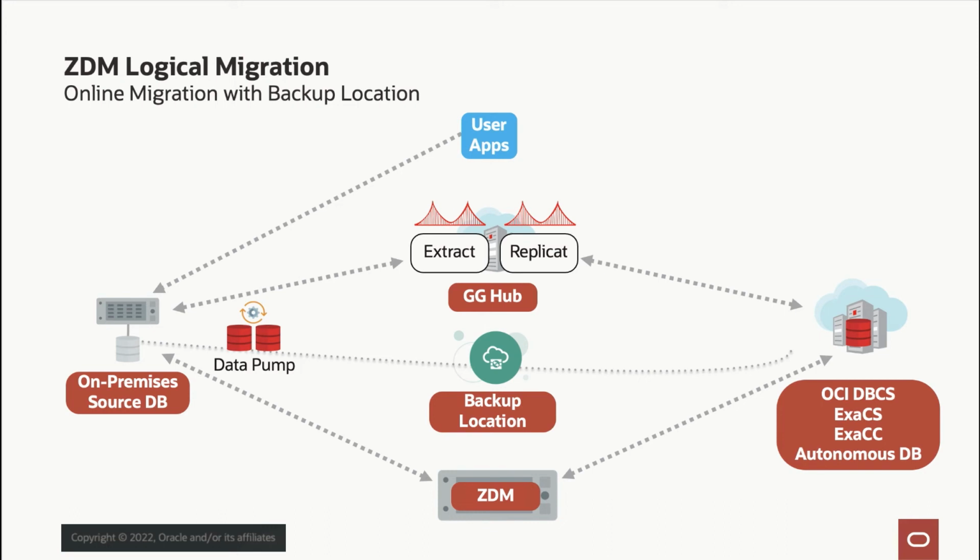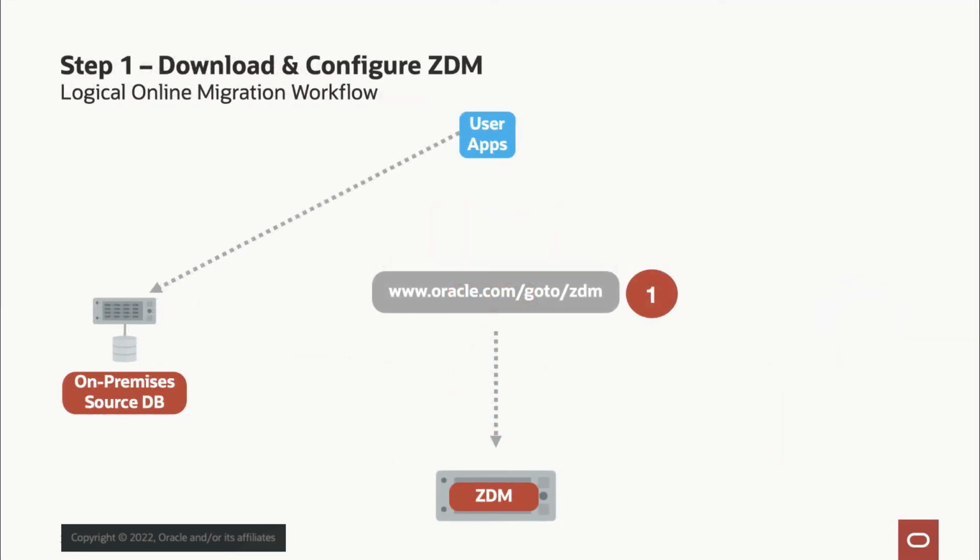So having covered this, let's talk about specifically how logical online migration with a back application works on a step-by-step basis. The first step, as with the physical migration, is to download and configure ZDM.